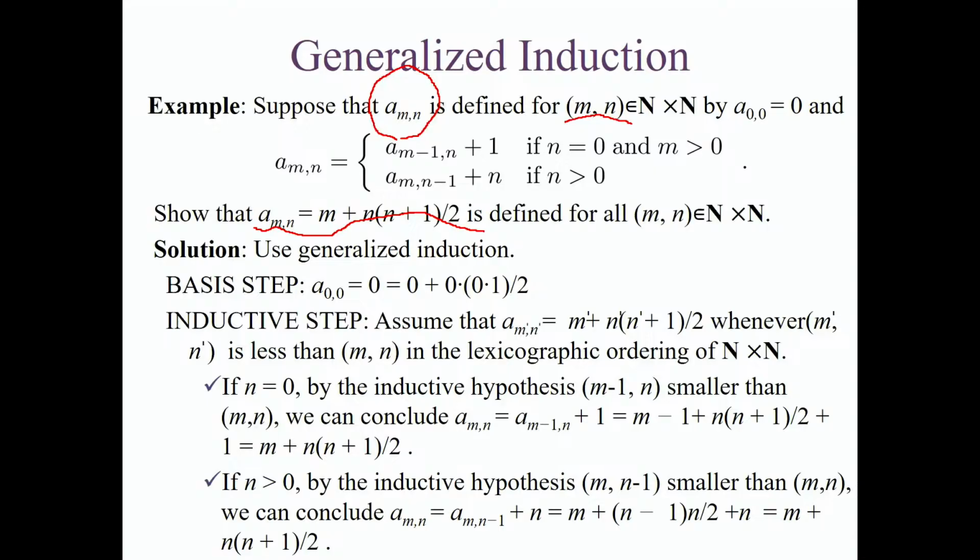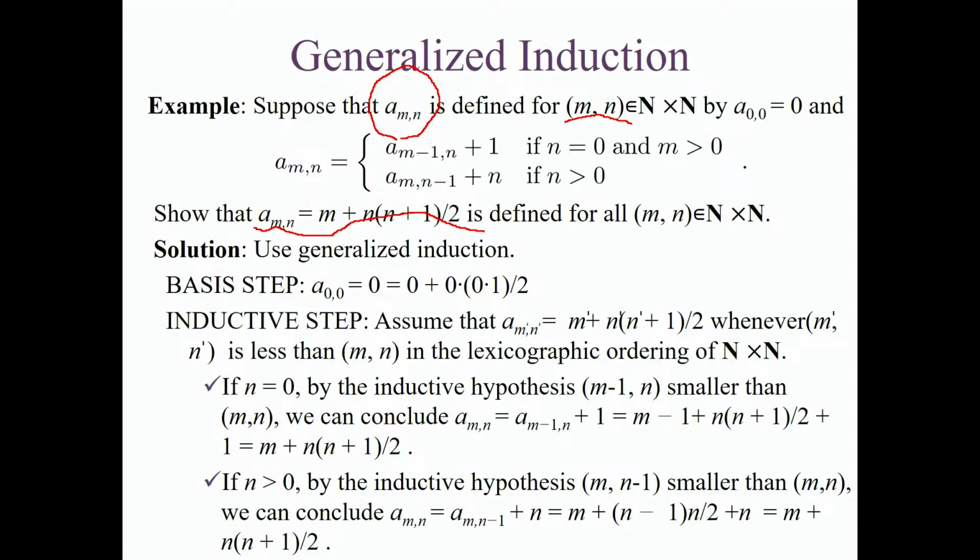Following the equation, 0 plus 0 times (0 plus 1) divided by 2, the result will be 0. And we know A(0,0) is 0. It's the initial condition. So for the basic step, A(0,0) equals 0 is right.